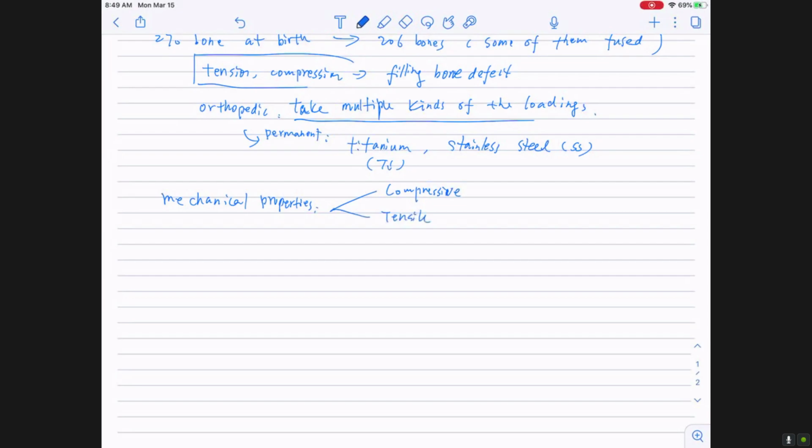Mostly because most of the loading will go to the high elastic modulus materials, the implanted device or materials.